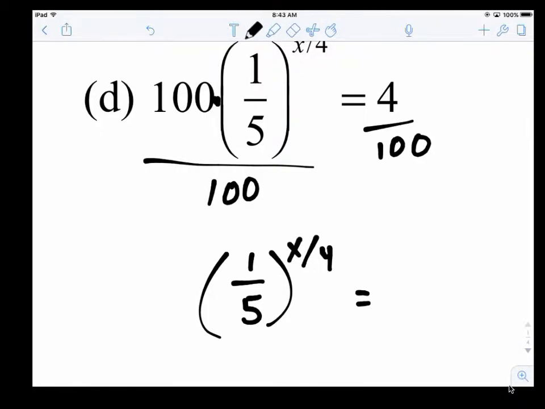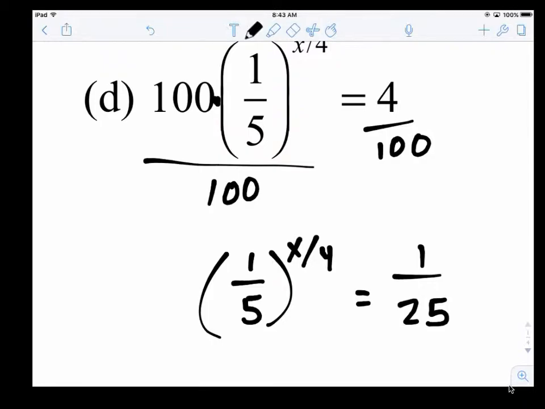Which becomes what? Right. All right, now, does 1 over 5 and 1 over 25 have a common base? 5, right? I could do that.